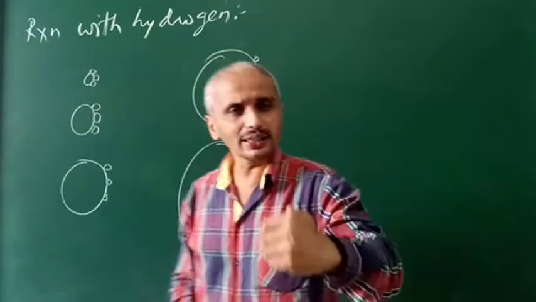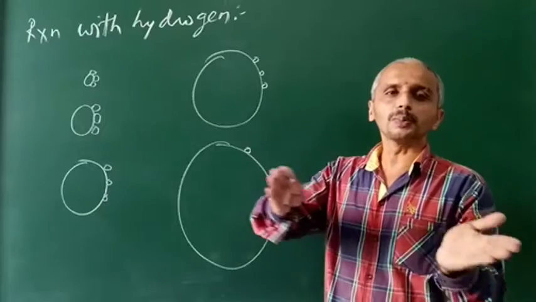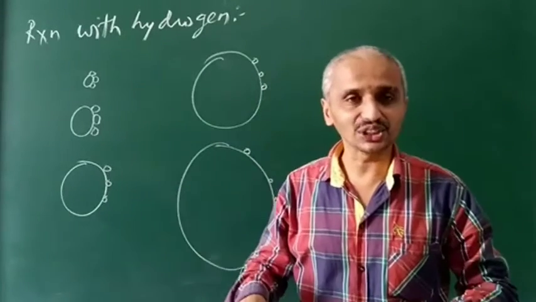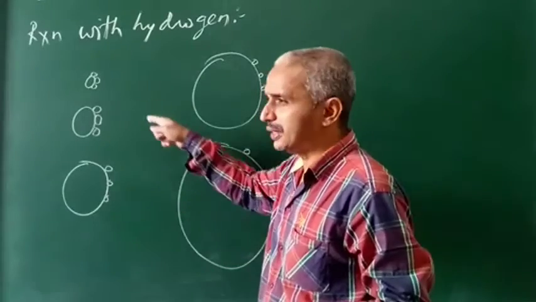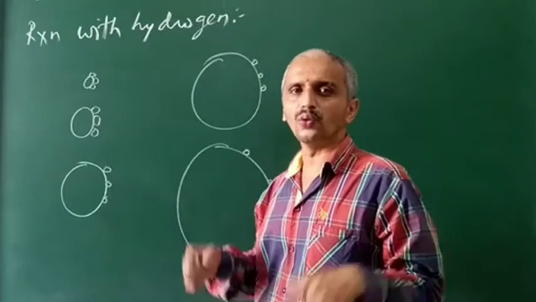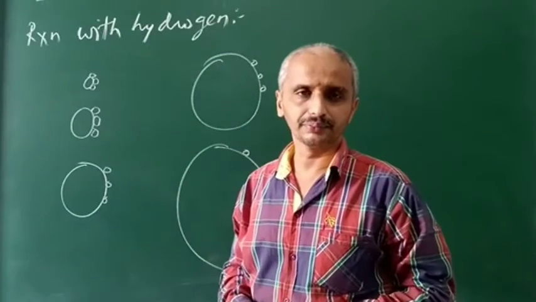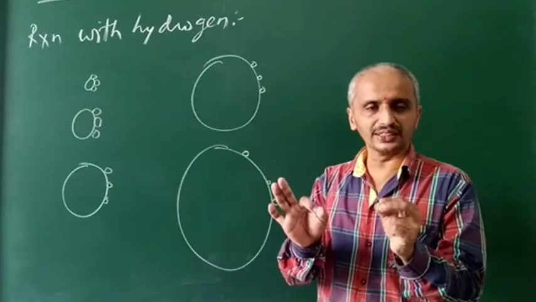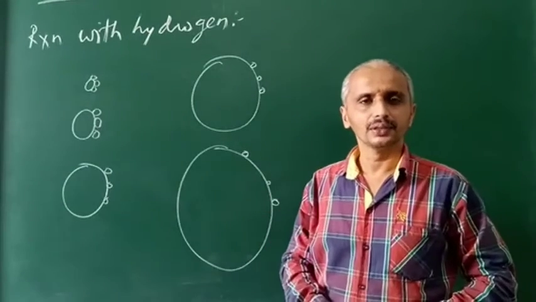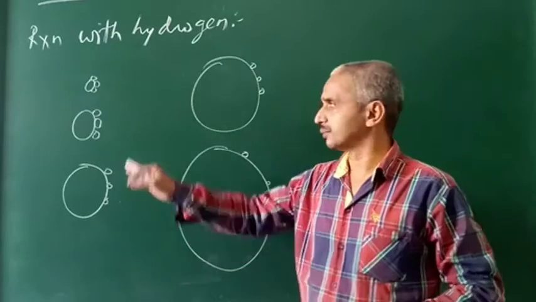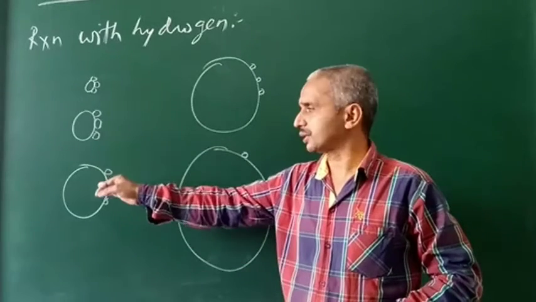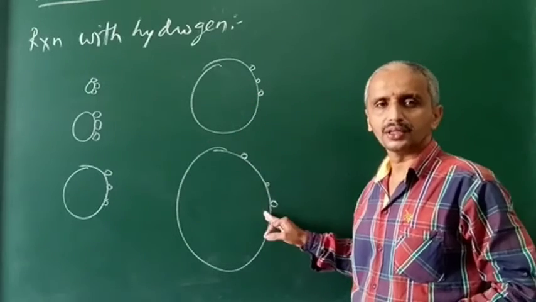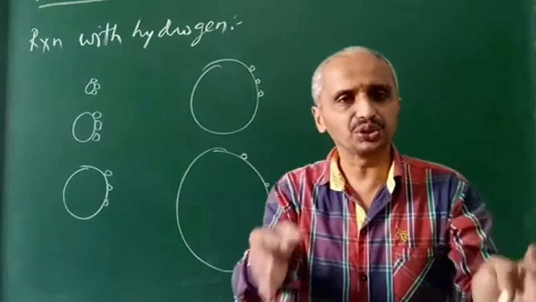As the bond length increases, bond breaking is easy because bond strength is less. This means stability decreases down the group. Note this properly. The stability of the hydrides of the 15th group: NH3 greater than PH3 greater than AsH3 greater than SbH3 greater than BiH3.